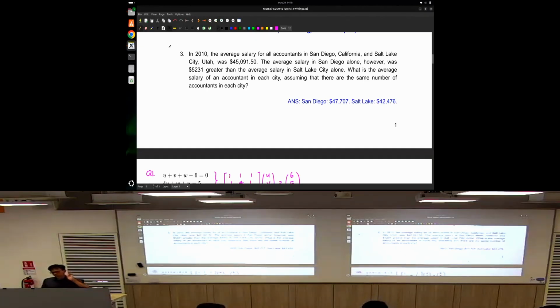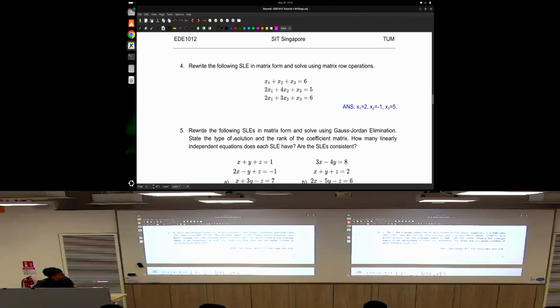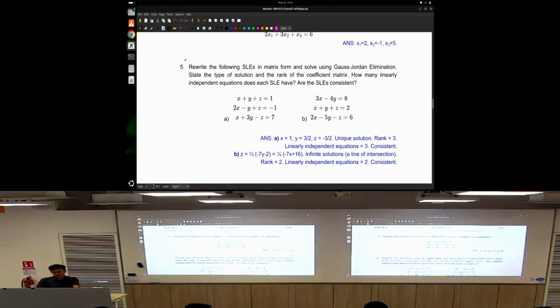No need? Good, DIY. Question 4. Question 4 just repeat the row operations that we have demonstrated in question 1. Just that in this case you will get a unique solution. No need.